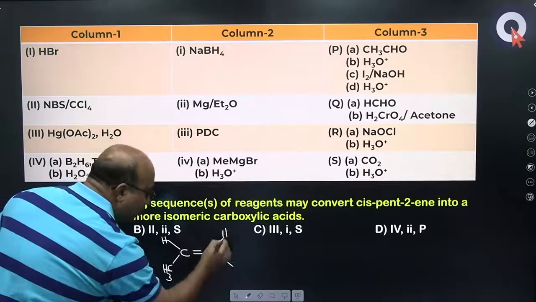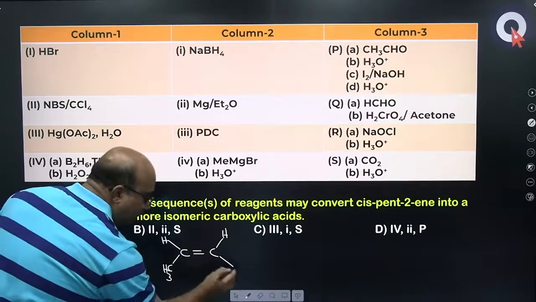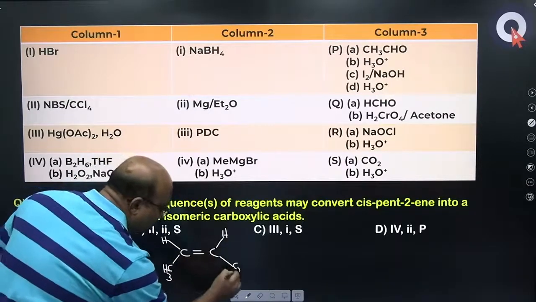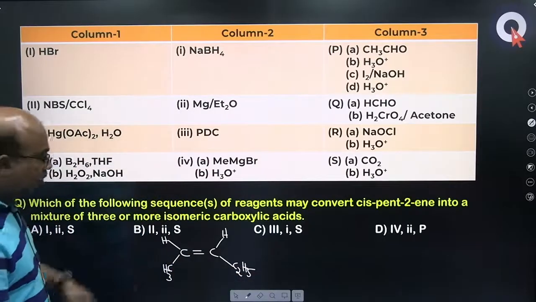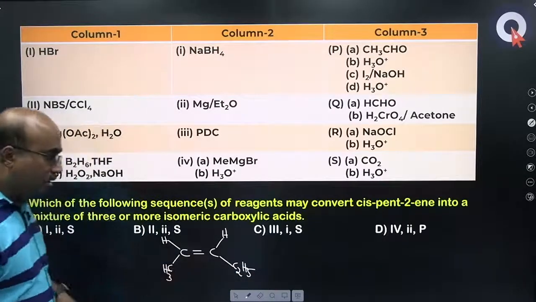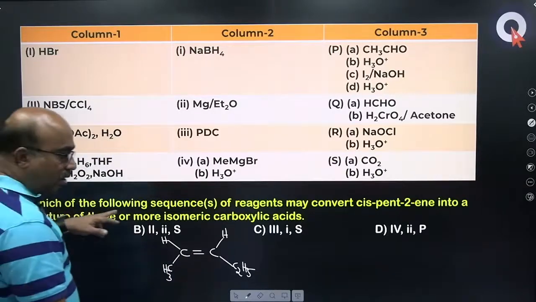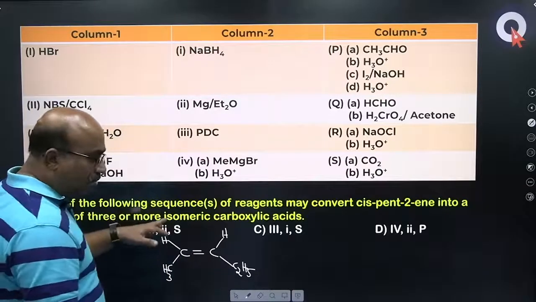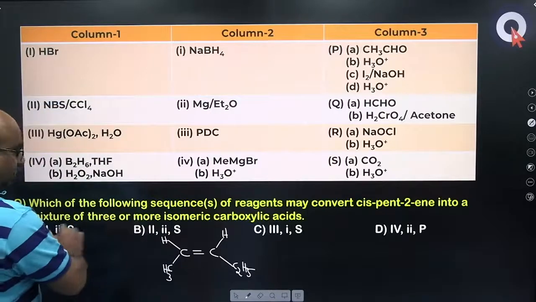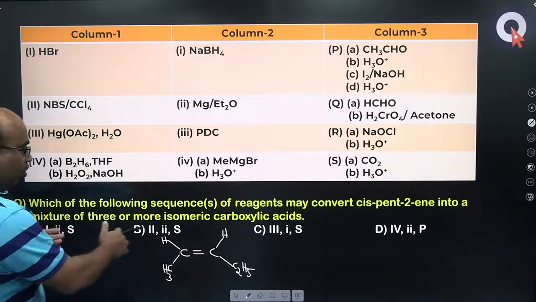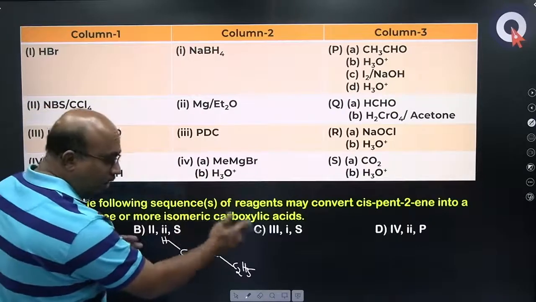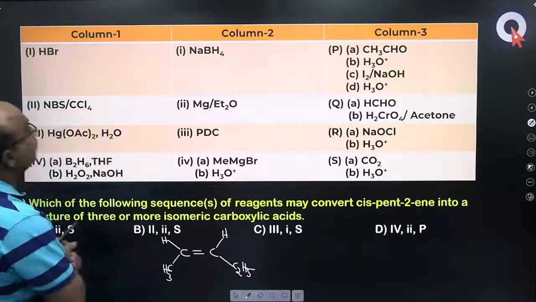So 1, 2, 3. So this is cis pent-2-ene. We are converting it into a mixture of 3 or more isomers. Which list of reagents, 1, 2, S, 2, 2, S, 3, 1, S, will convert it into that? Let us see.